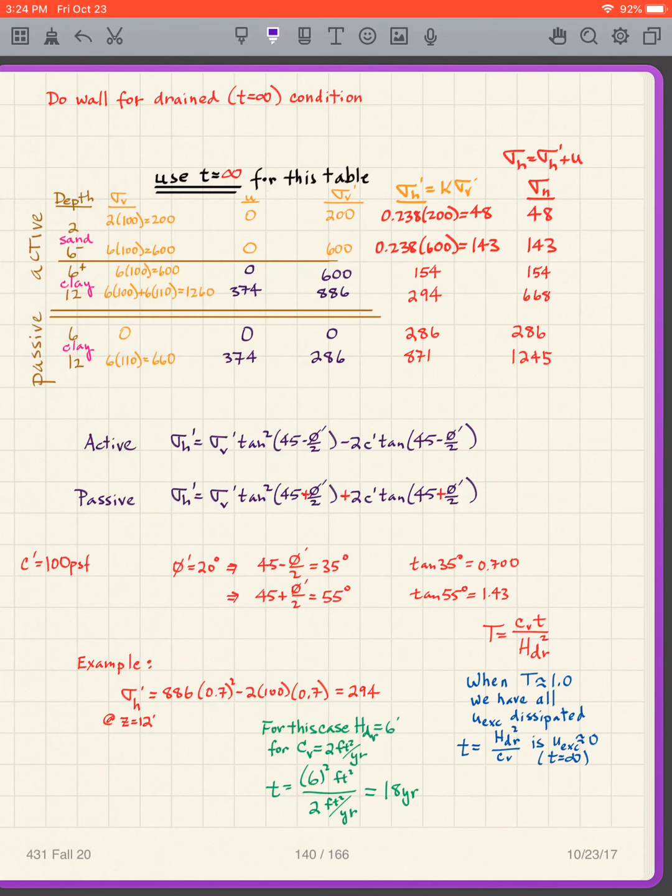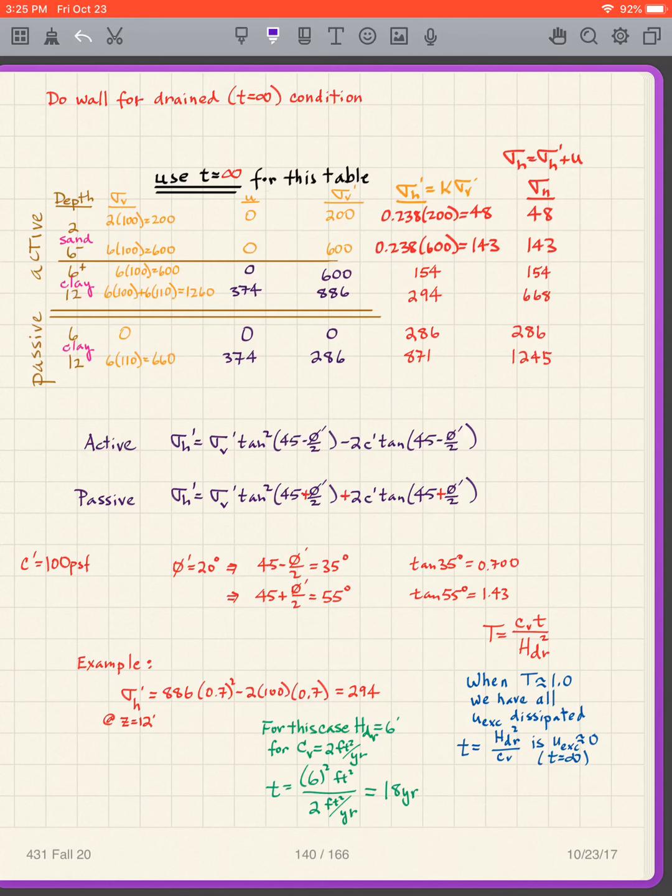So we simply use HDR of 6 feet squared divided by C sub v, and if we have a C sub v, for instance, of 2 square feet per year, then we have 6 squared over 2 feet squared per year. We get t is equal to 18 years.